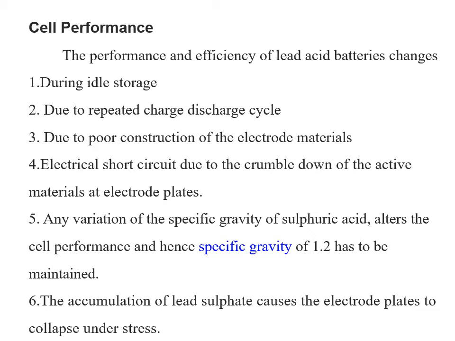Any variation of the specific gravity of sulfuric acid alters the cell performance, and hence specific gravity of 1.2 has to be maintained. The accumulation of lead sulfate causes the electrode plates to collapse under stress.